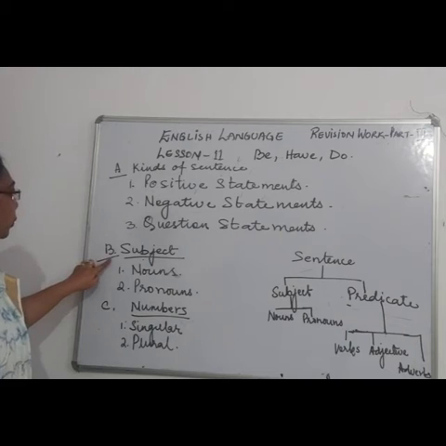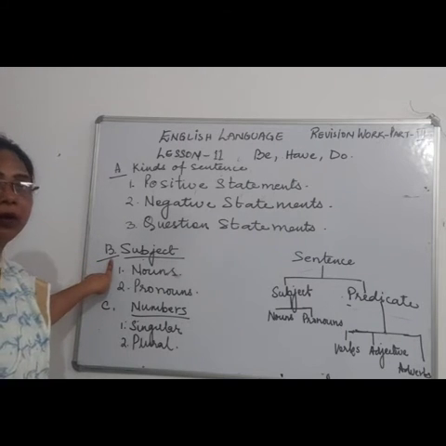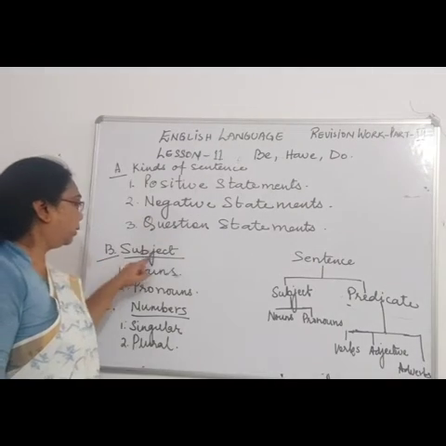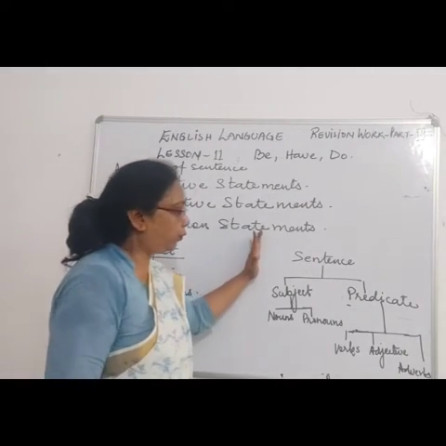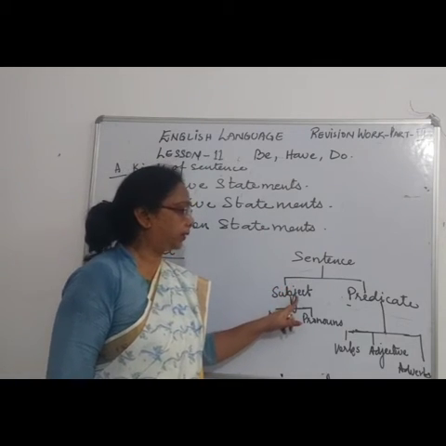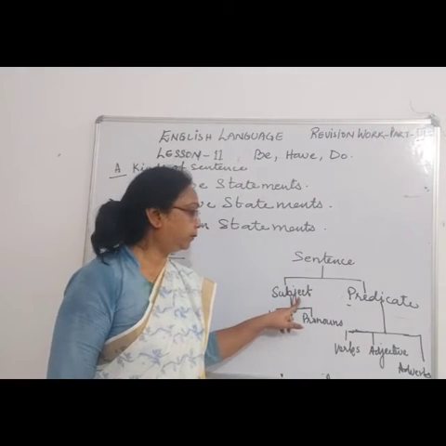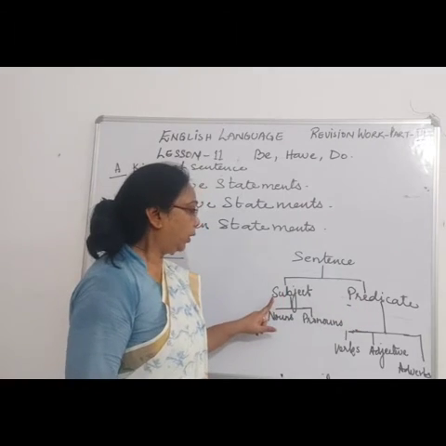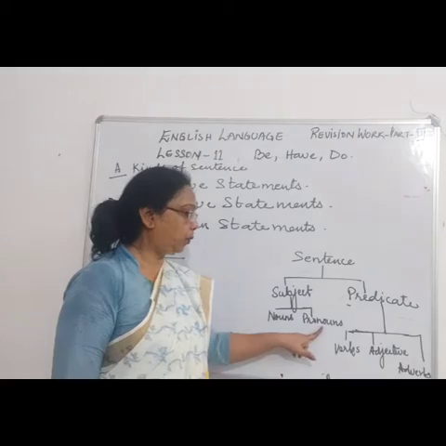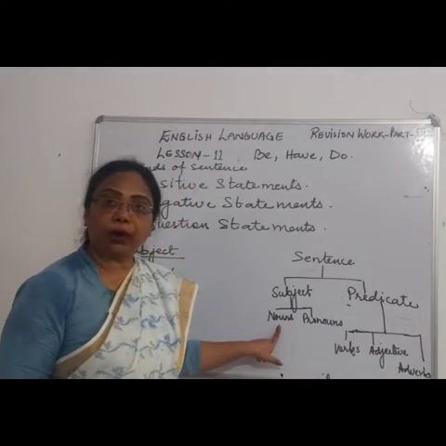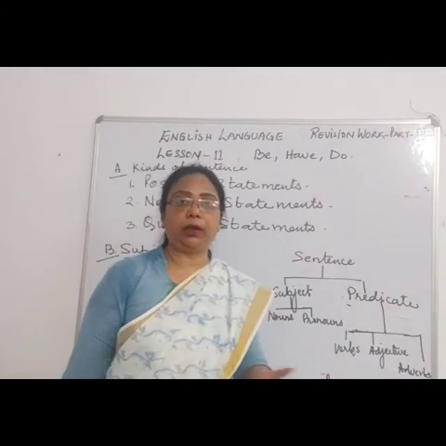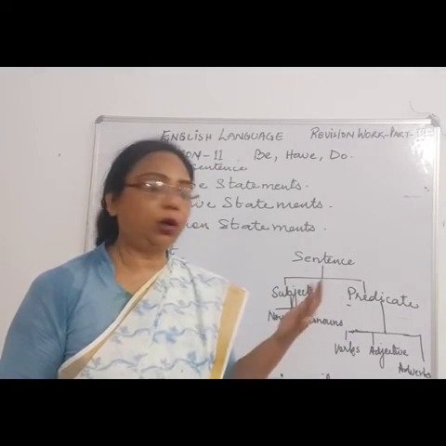Then next, we have to keep in mind the subject. Now we know that in a sentence there are two parts we have studied, that is subject and predicate. Now a subject can be either a noun or a pronoun. We know noun is a naming word. It is generally the name of a person, place, animal or thing.